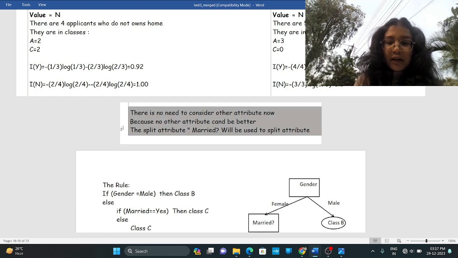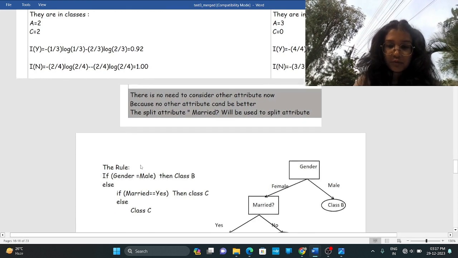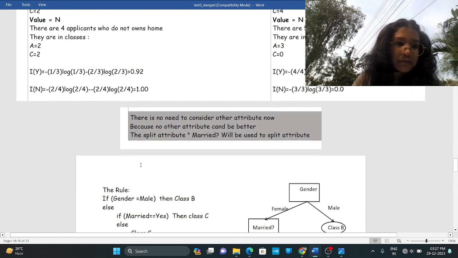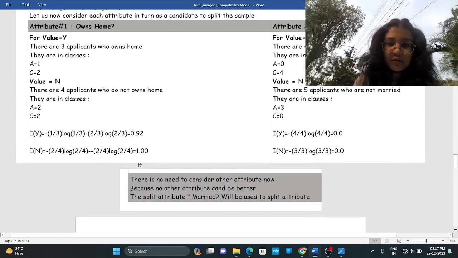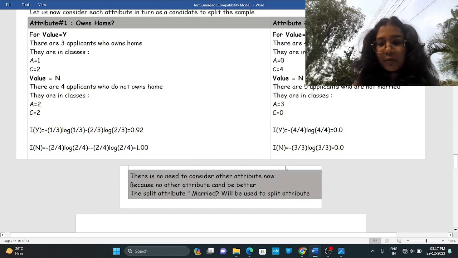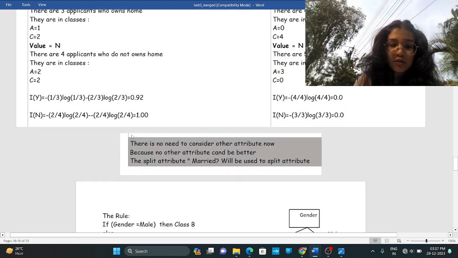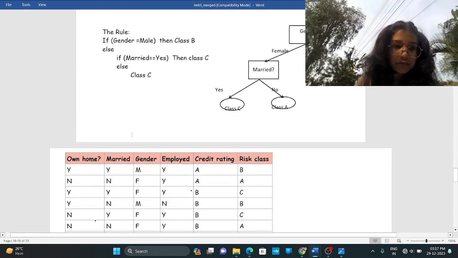The split attribute married will be used. So the second root node is married, because information gain of married is 0 and information gain of owns home is 1. So the root node is married.